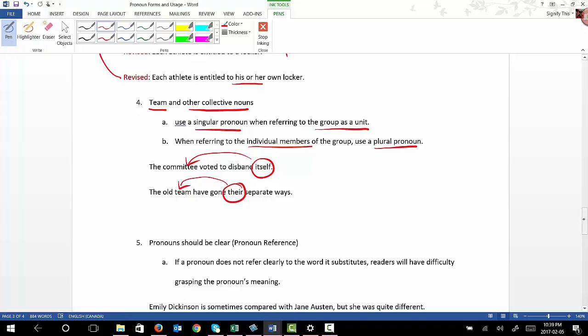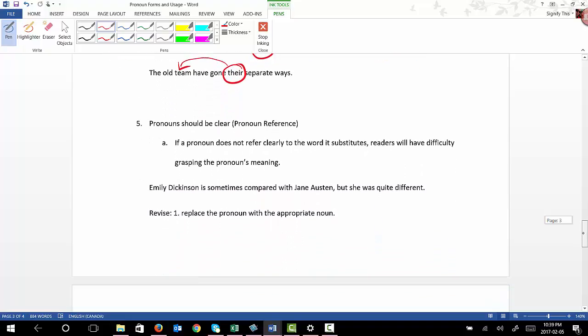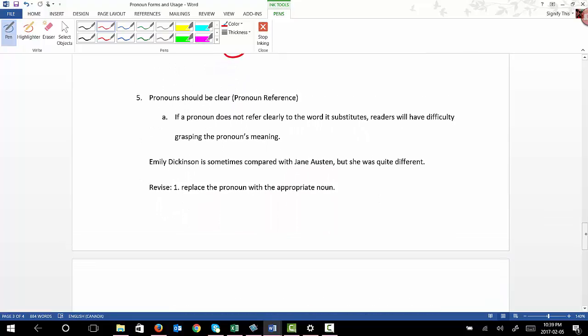Okay. The next rule is that pronouns should be clear. This has to do with pronoun reference. If a pronoun does not refer clearly to the word it substitutes, readers will have difficulty grasping the pronoun's meaning. For example, "Emily Dickinson is sometimes compared with Jane Austen, but she was quite different."